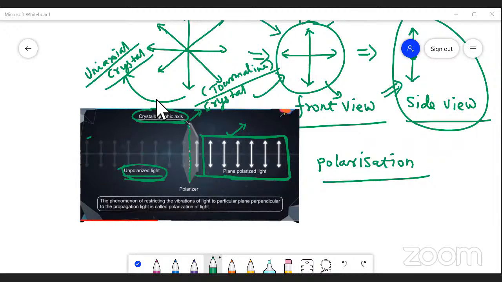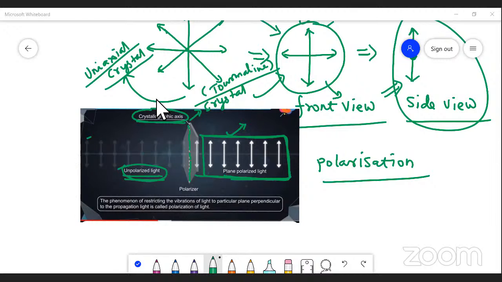Once again, one more time, tell me, what is polarization? The phenomenon of restricting the vibrations of light to a particular plane perpendicular to the propagation of light is called polarization of light.